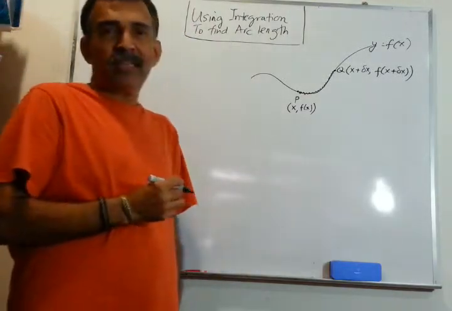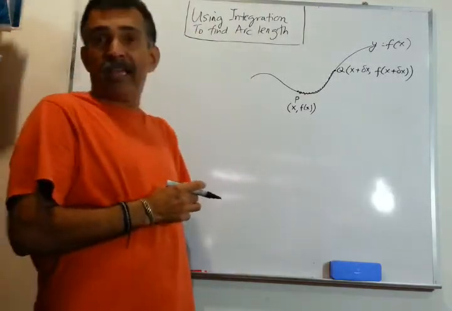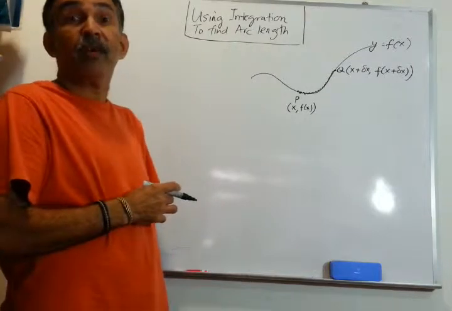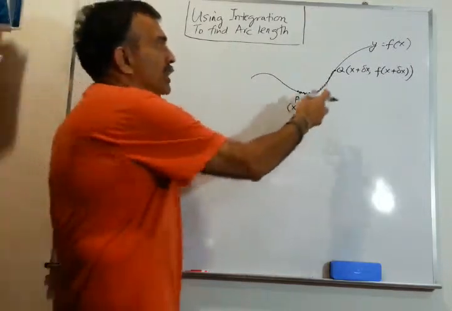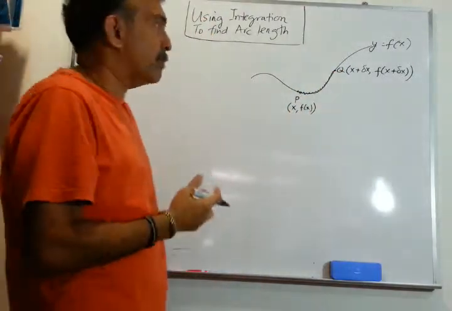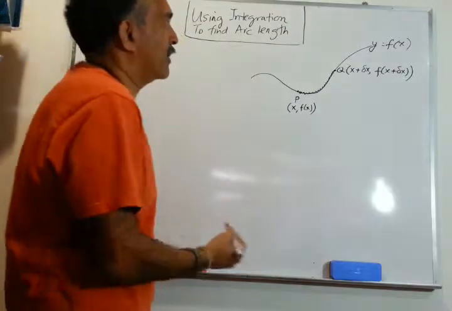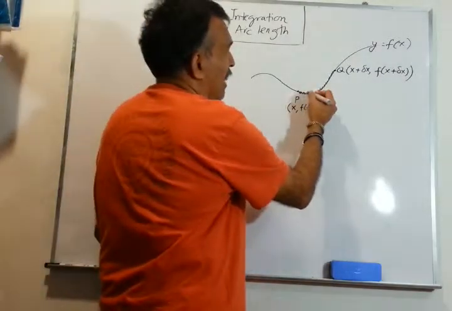When you see notation like this, it is implied that Q is very near P. Remember, we are trying to find the length of this arc.